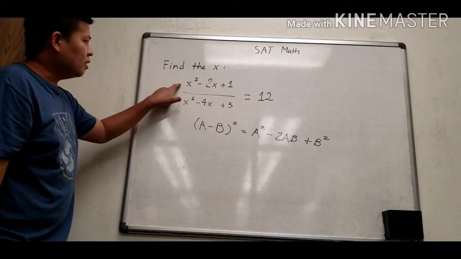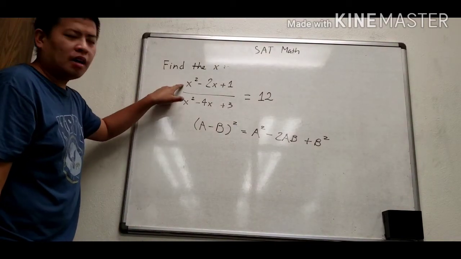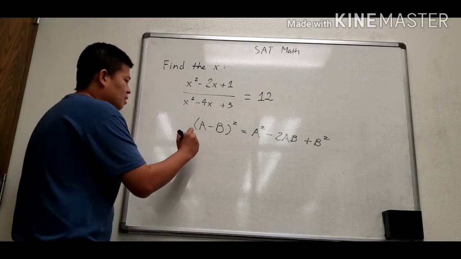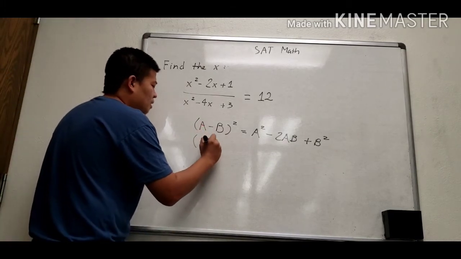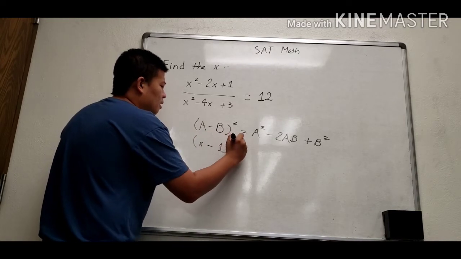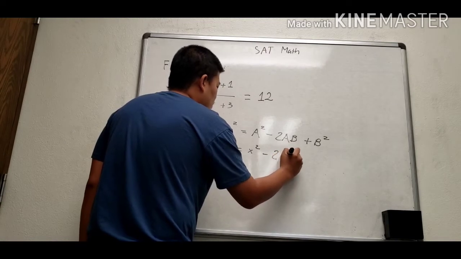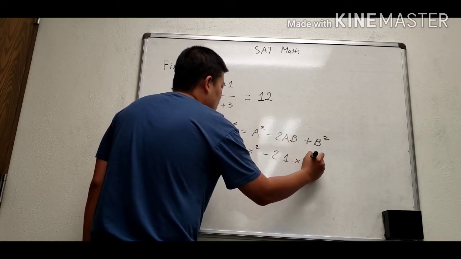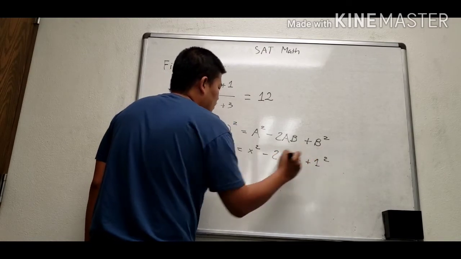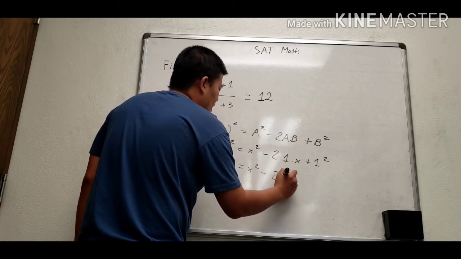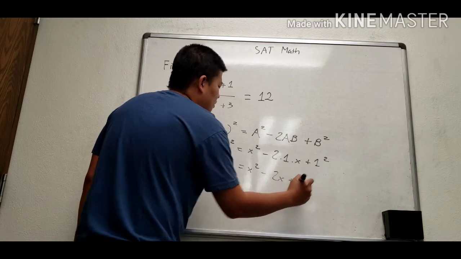This formula is similar for the numerator, and we can see that s minus 1 squared is equal to s power 2 minus 2 multiplied with 1 multiplied with s plus 1 power 2, and we got s power 2 minus 2s plus 1.